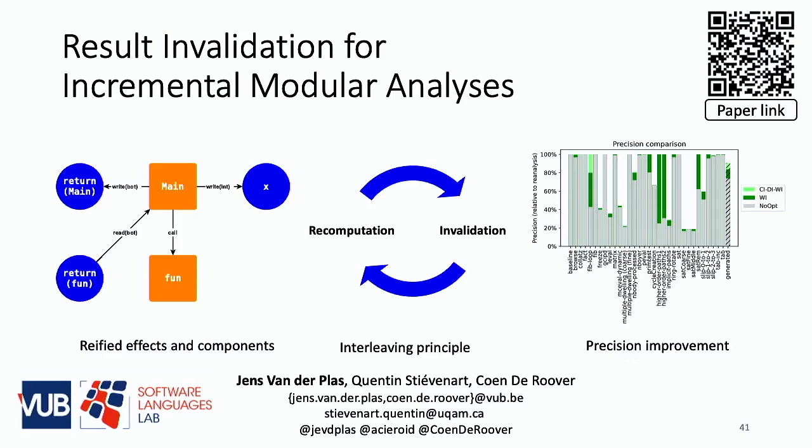So actually, I may have some more. In this recomputation and invalidation system, can you spell out what requirements you put on the abstract domains that you are using? Can we implement this for arbitrary abstract domains without changing too much the inner parts of the abstract domain? Can you make it a high-level interface?